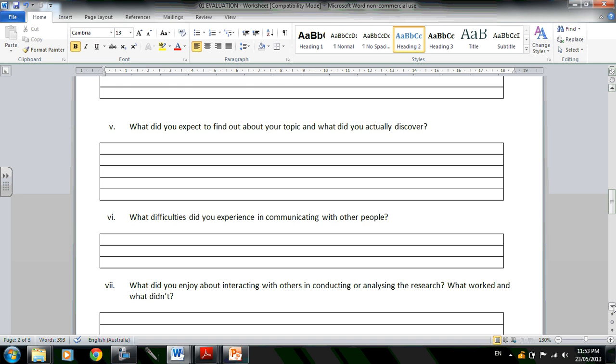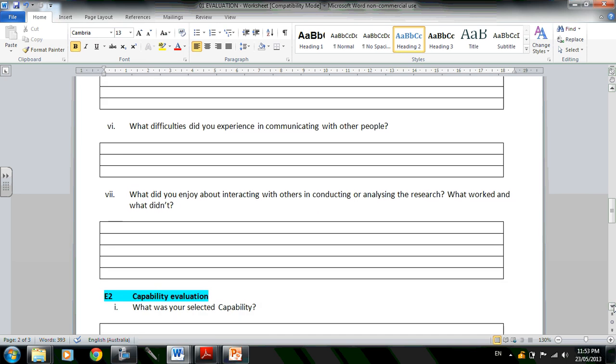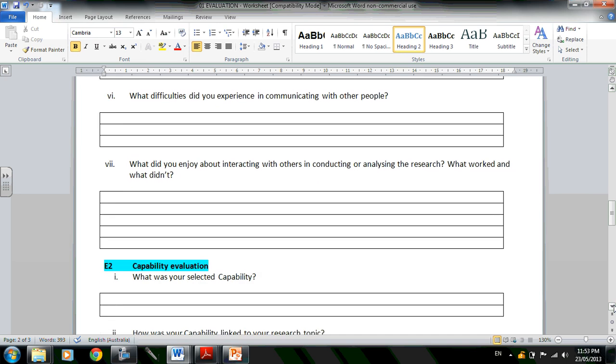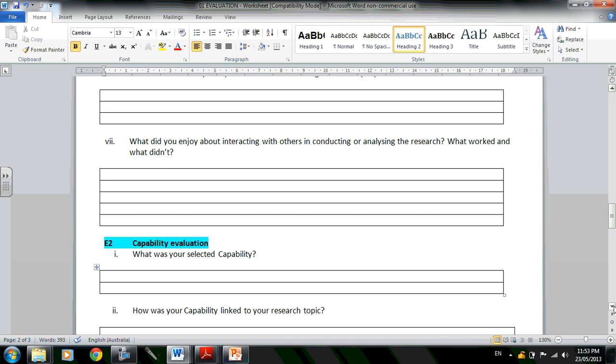What did you expect to find and what did you actually find? What difficulties did you experience in communicating with others? What challenges, and how did you overcome the challenges? What did you enjoy? All of the things that were related to the research process. Problems like, I had organized this, it didn't work. I tried to contact people, they didn't answer.